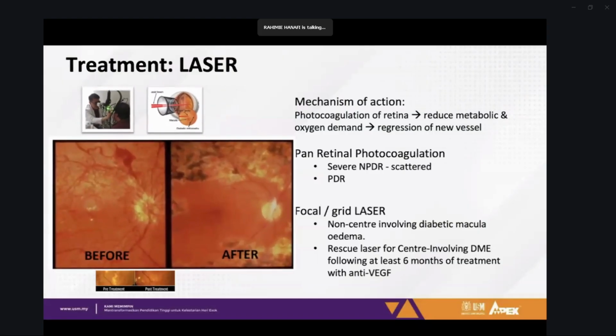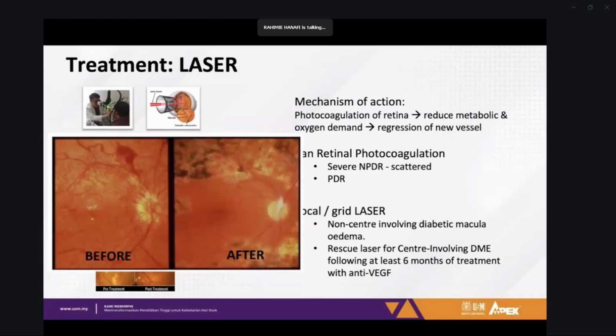Okay, in severe NPDR, we do scatter laser, and for PDR, we do full panretinal photocoagulation. This might be completed within 3 to 4 sessions.